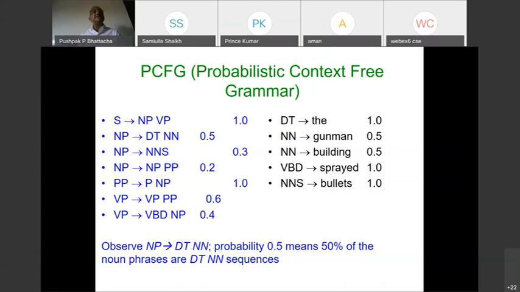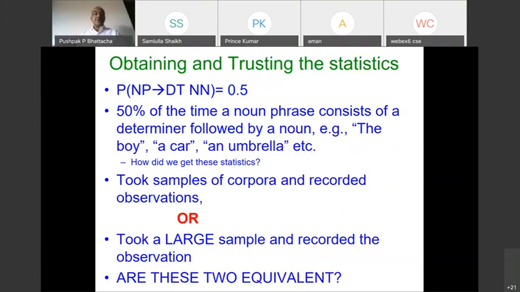That is my second goal, which is confidence in the data statistic. And here probability gives me a way of building that confidence. So that is the second question. The first question, you remember, is how to give a score to multiple possibilities in an ambiguous situation. And these two questions, of course, are not divorced from each other. So our question is obtaining and trusting statistics. So the probability of NP going to DT NN is 0.5.